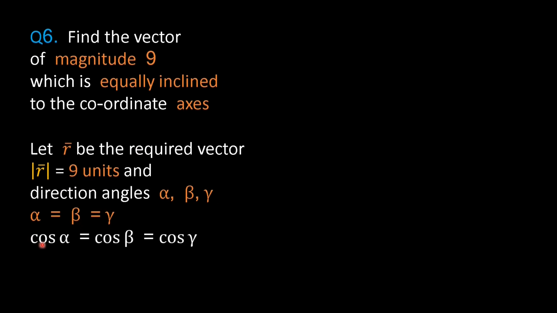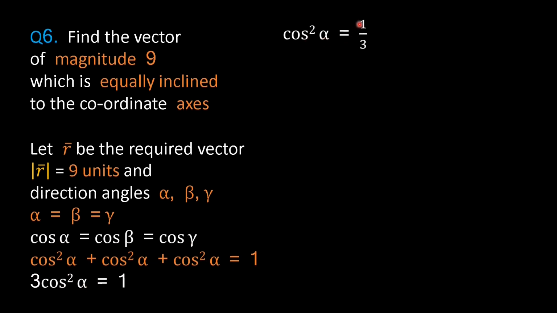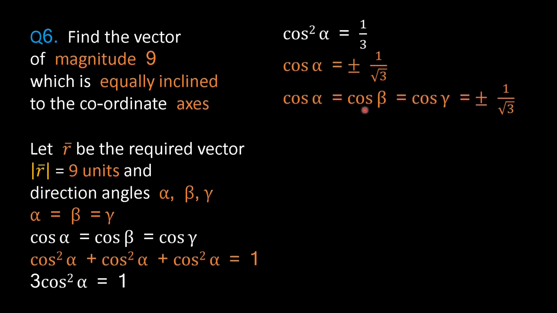So it will be cos alpha equals cos beta equals cos gamma, and we write cos square alpha plus cos square alpha plus cos square alpha equals 1 because cos alpha is same as cos beta is same as cos gamma. So this gives us 3 cos square alpha equals 1, that is cos square alpha equals 1 third and cos alpha is plus minus 1 by root 3. Now cos alpha equals cos beta equals cos gamma, which will be plus minus 1 by root 3.